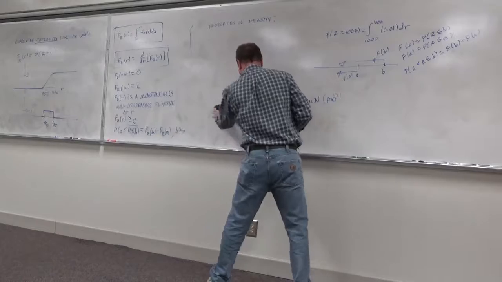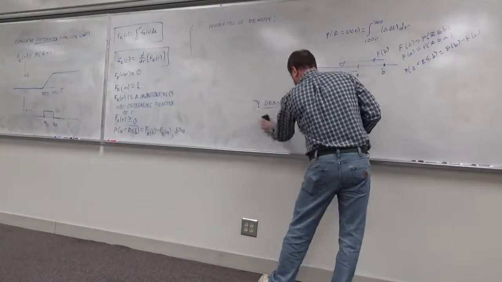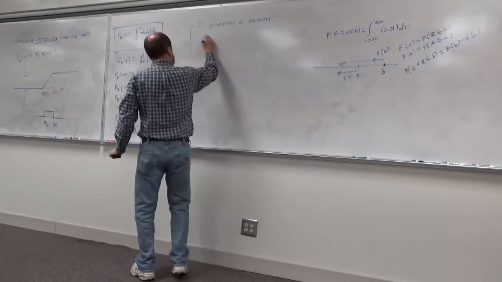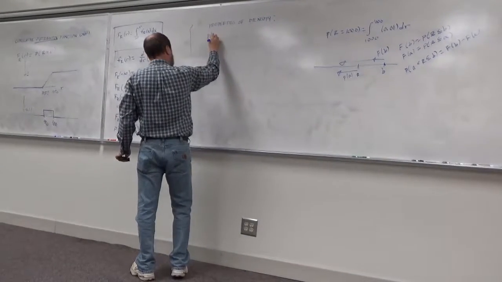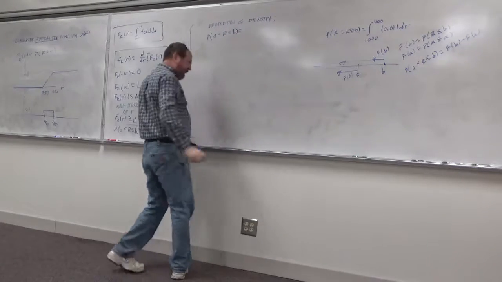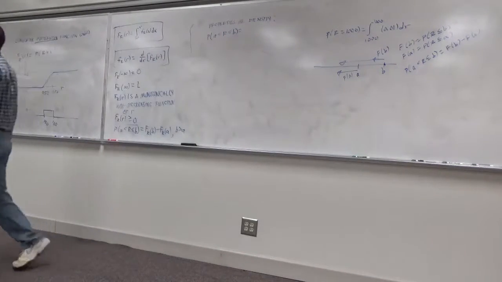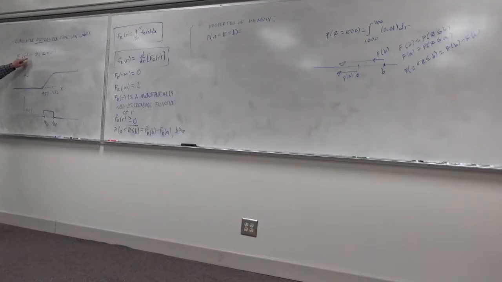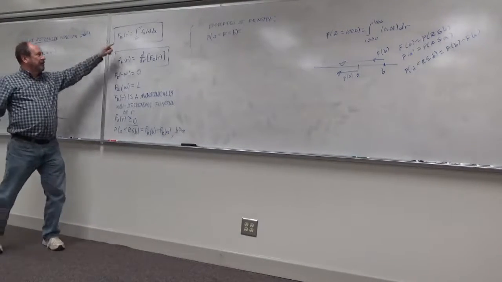Well, let's see if we can get any of them from there. I like this one, and since I just talked about the probability A less than R less than or equal to B, how do you get a probability from a density function? I'll give you a hint. This is a probability, isn't it? A distribution? Distribution is a probability. A density is not a probability. How do you get a distribution from a density?